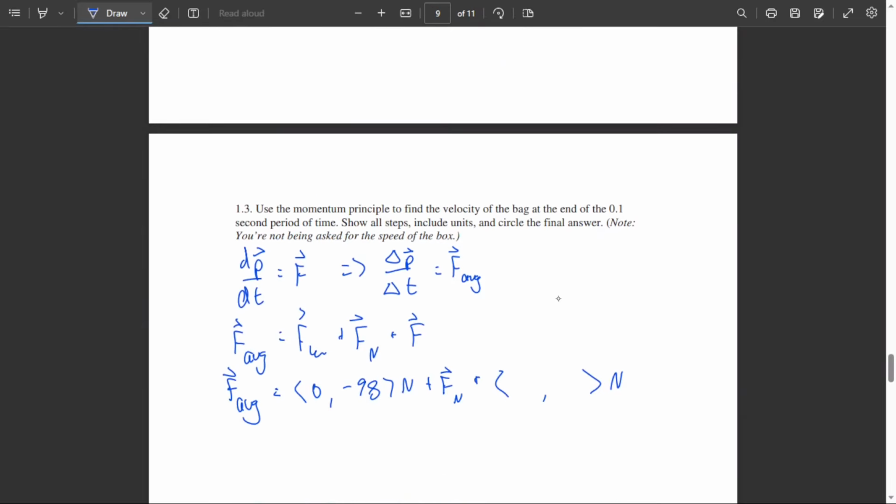Just draw a diagram. This is our force. It's 130 newtons. This angle is 70 degrees. So our x component is going to be cosine of 70 degrees times 130. And the y component is going to be sine of 70 degrees times 130.